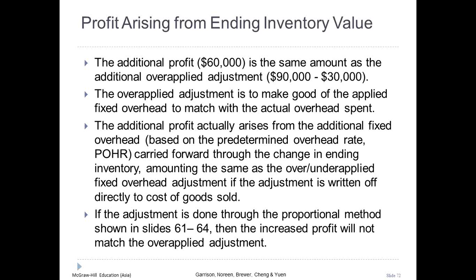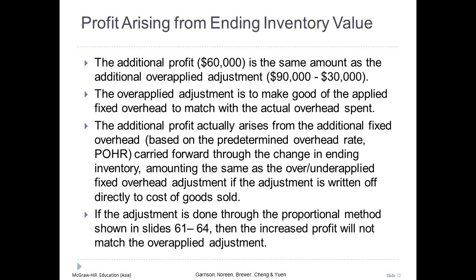So the additional profit actually arises from the additional fixed overhead based on the predetermined overhead rate, or POHR, carried forward through the change in the inventory, amounting to the same as the over or under applied fixed overhead adjustment.